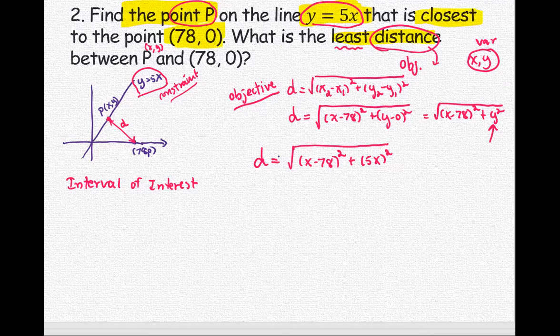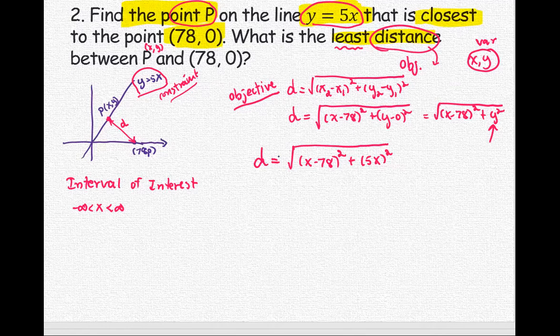Or we can say this is a polynomial function with no constraint. So based on the objective function d, down to the function in x, x will be any real number. Okay, that's the interval of interest. So we don't have a left and a right end.